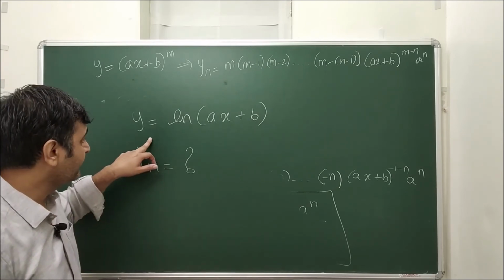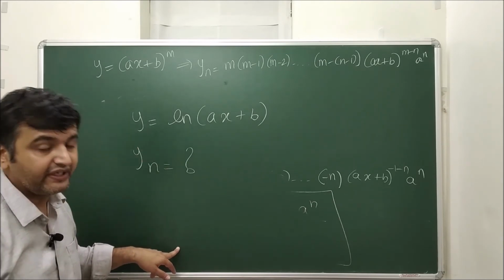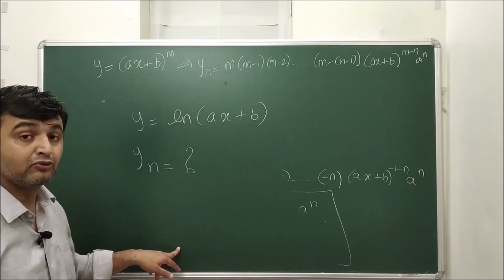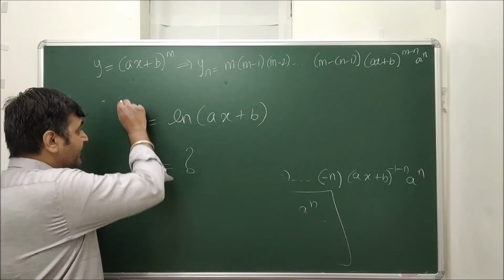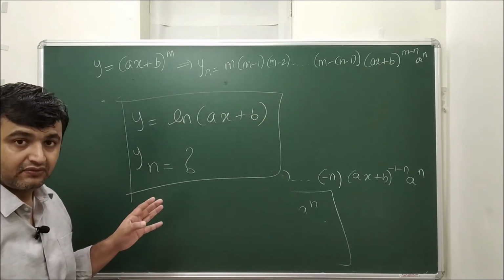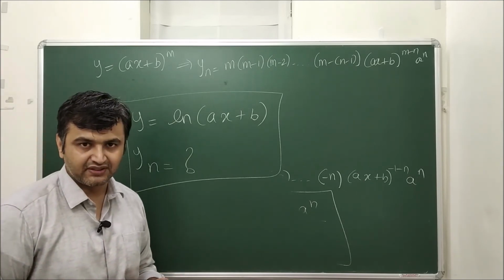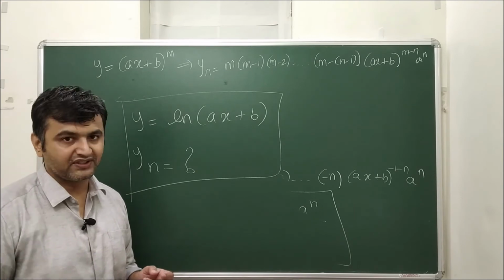So when you find the (n plus 1)th derivative of y, that is nothing but the nth derivative of this, which is the m equal to minus 1 case. That's the hint I have given you. So using that hint, try to solve this question, and if you get the answer, if possible, comment in the comment section. And if you get stuck, then you can ask me your doubt as well.